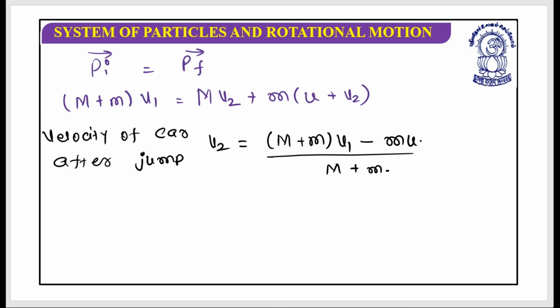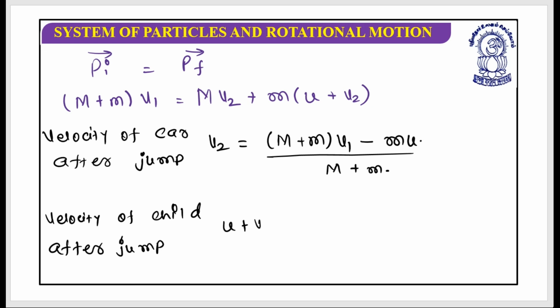And the velocity of the child after the jump is u plus v2. If I simplify this, it would be (M plus m) into v1 plus M into u, divided by the total mass of the system, which is M plus m. I hope this is clear.